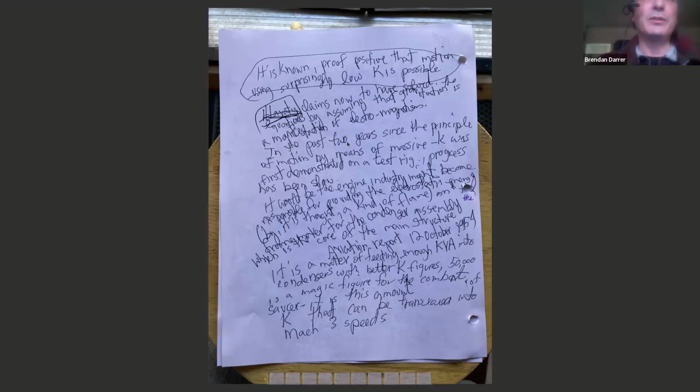In the past 2 years since the principle of motion by means of massive K was first demonstrated on a test rig, progress has been slow.